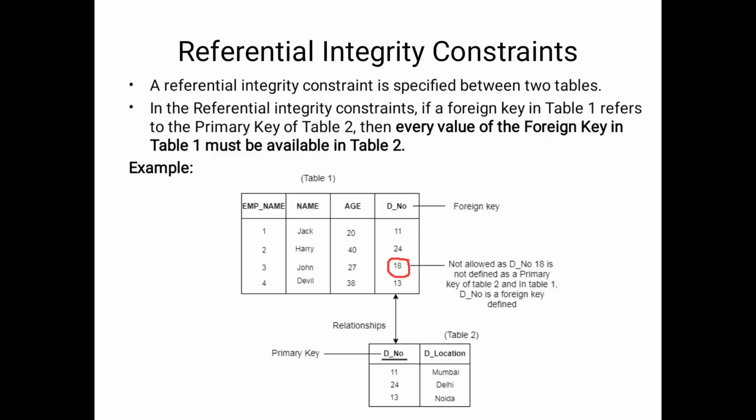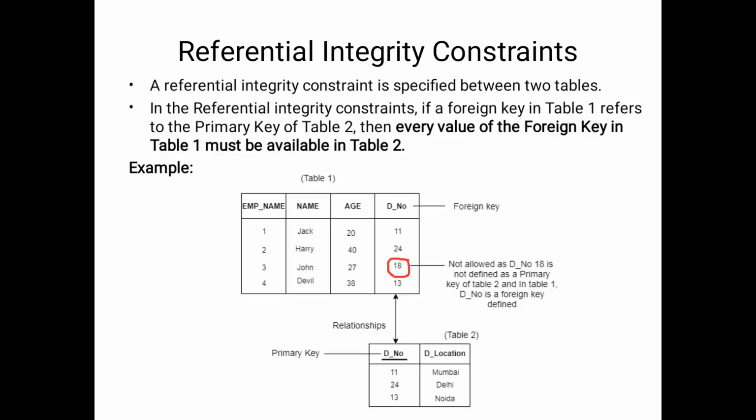See the given example. Here we have four columns: employee name, name, age, and door number. In table 1 we have four rows, and 18 is not allowed. Why? Because we applied the foreign key on door number, and it is not defined as a primary key of table 2.